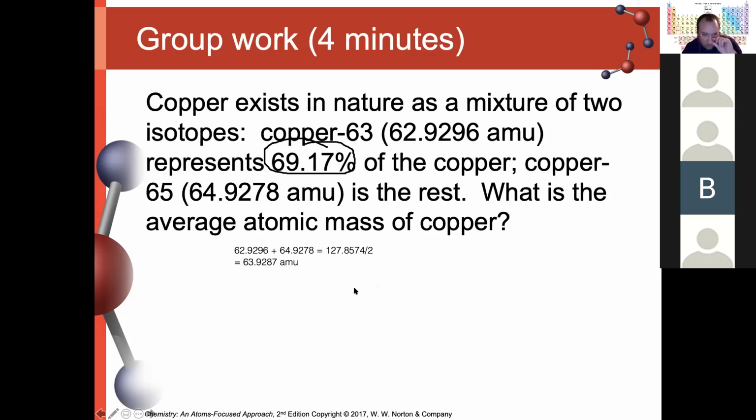And if you do that, you go, okay, well, that's not too far off from the periodic table. Okay, I probably did it right.